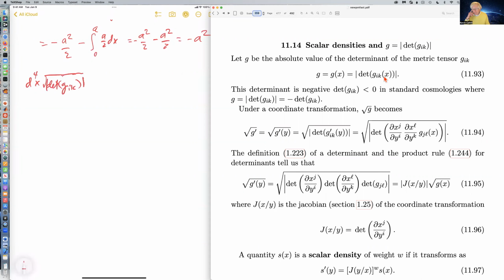We want that to be the same thing as when we change variables, d^4y square root absolute value of the determinant of g_ik, but here in terms of the y variables.